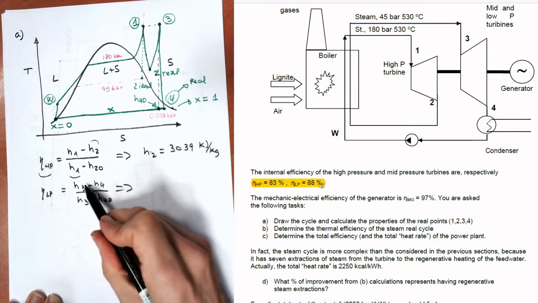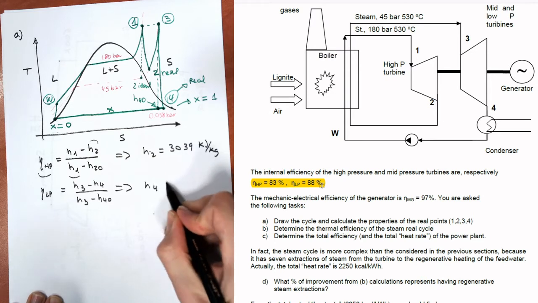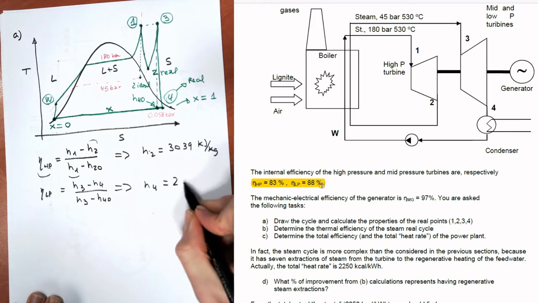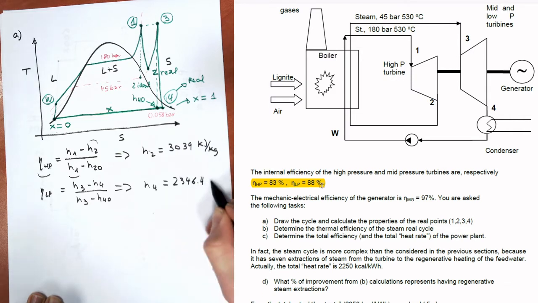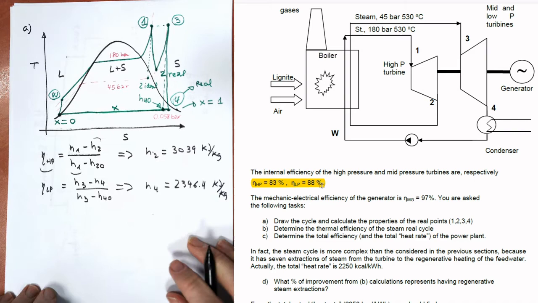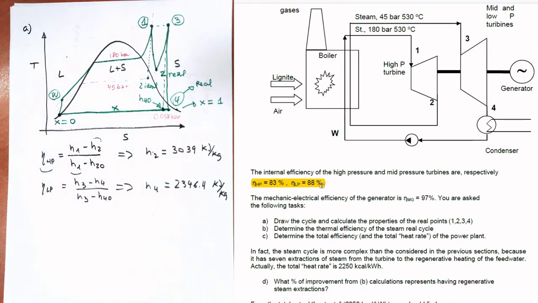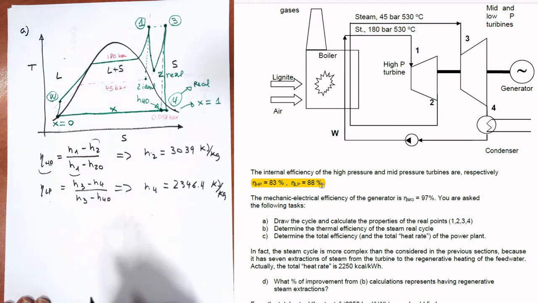Again, we know H3 and we know H4 ideal, and the efficiency, so we can easily calculate that the real point is 2346.4 kilojoules per kilo. Okay, so that's it for question number A. We get all the points 1, 2, 3, 4, and we can move to question B.